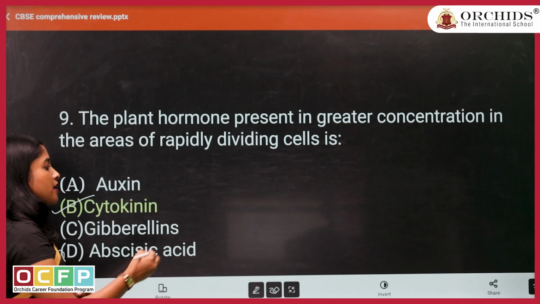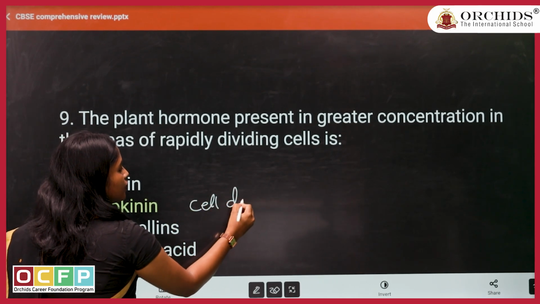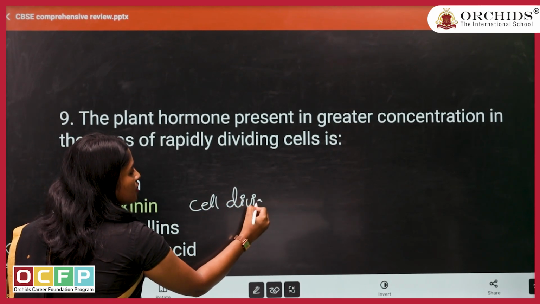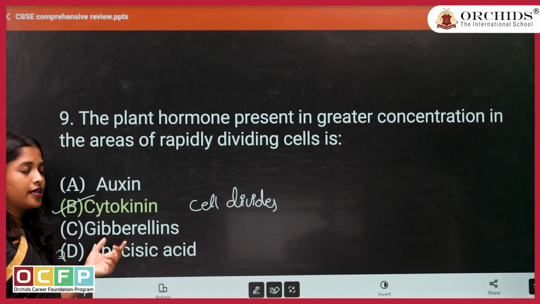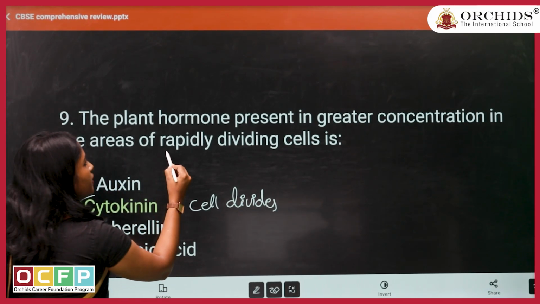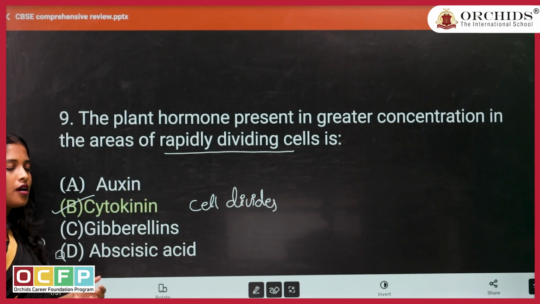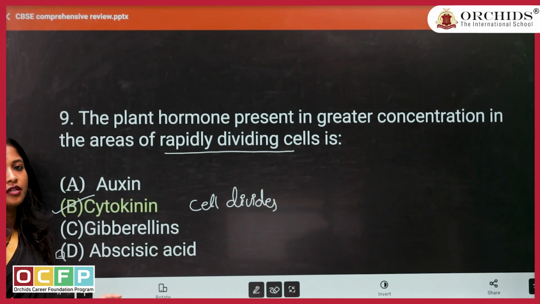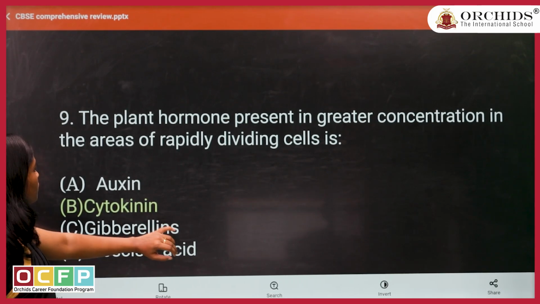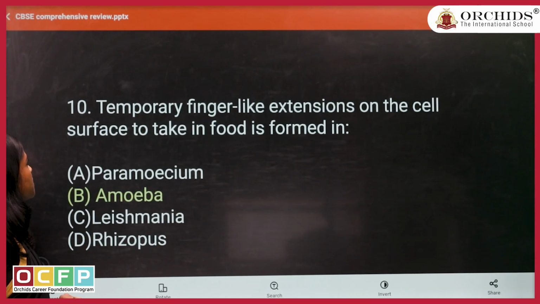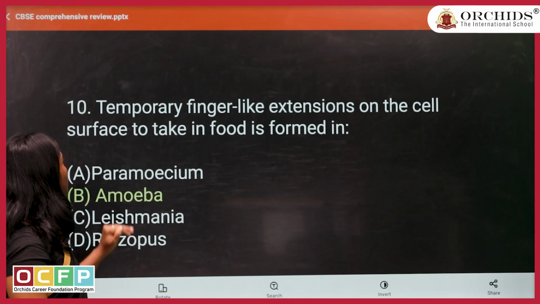Cytokinin helps in cell division, in multiplication of the cells, and it helps in growth. So rapidly dividing cells are under the control of the cytokinin hormone. Clear? We will move on to the next MCQ, the 10th one.